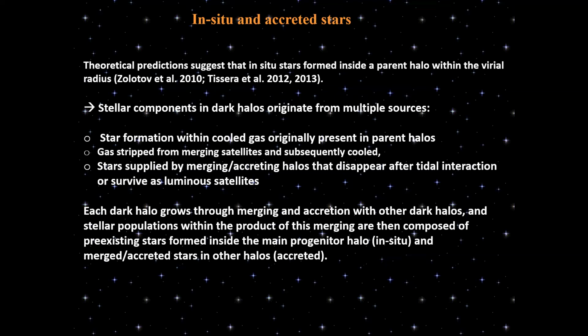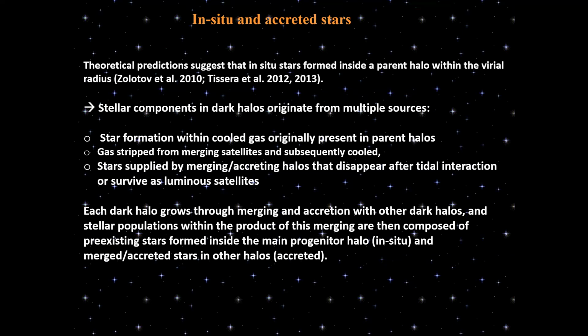They can form from gas stripped from merging satellites and subsequently cooled, or stars can form in satellite galaxies, let's say mini halos, and then they merge into the parent halo, and these stars get accreted to the main galaxy.